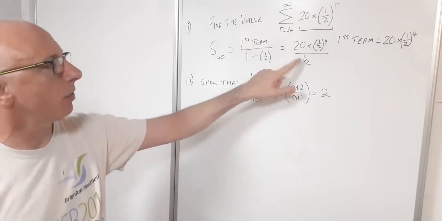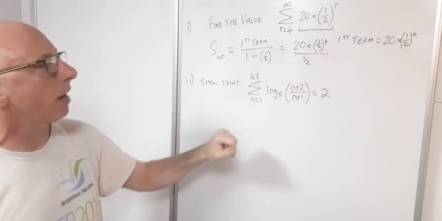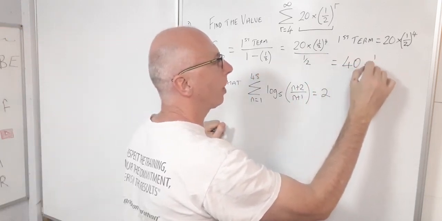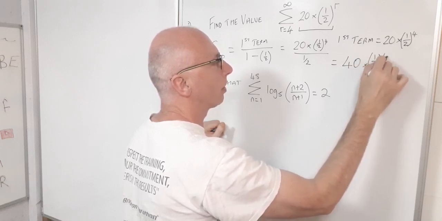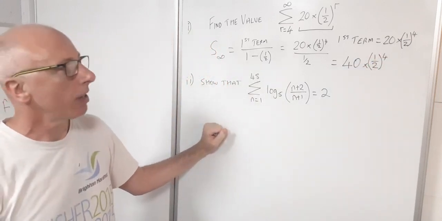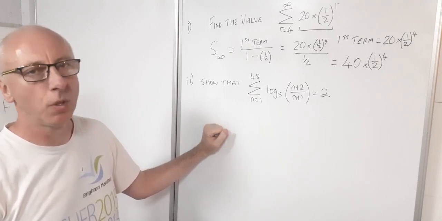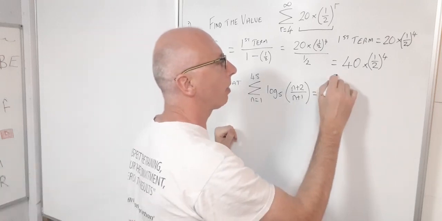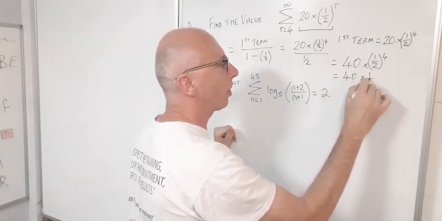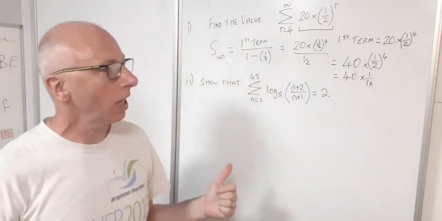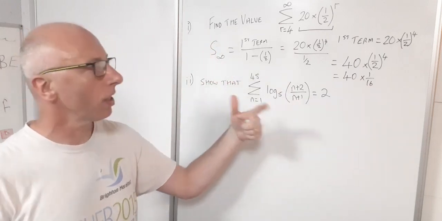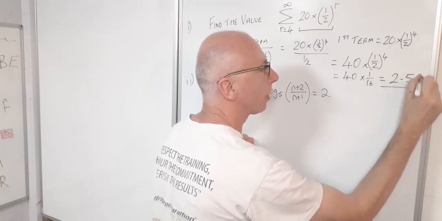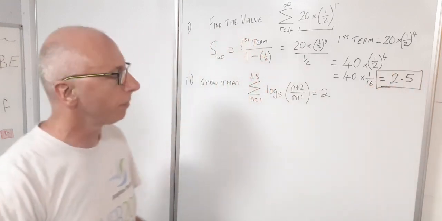So I can now write this as 40 times 1/2 to the power of 4. So 1/2 to the power of 4 gives me 1 over 16. So I've now got 40 times 1 over 16. 40 divided by 16 is going to give me 2.5. So that equals 2.5. So that's the answer to the first question.